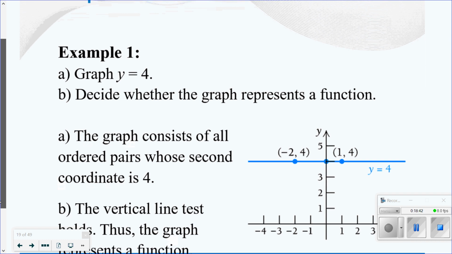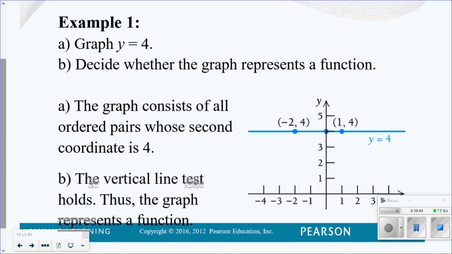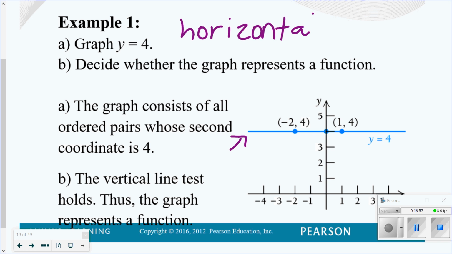Okay, y equals 4. This is a special line, so I just wanted to point it out quickly. Y equals 4 is a line. You'll notice it right here. It is this blue line. It is a horizontal line. So anytime you have a y equals, it will give you a horizontal line.